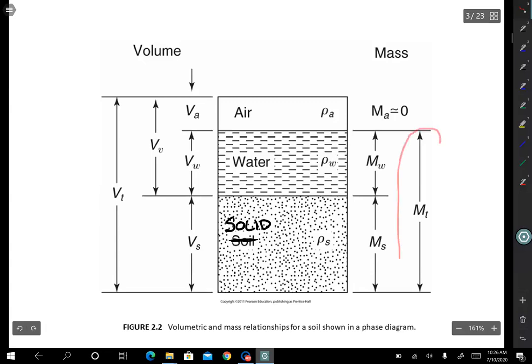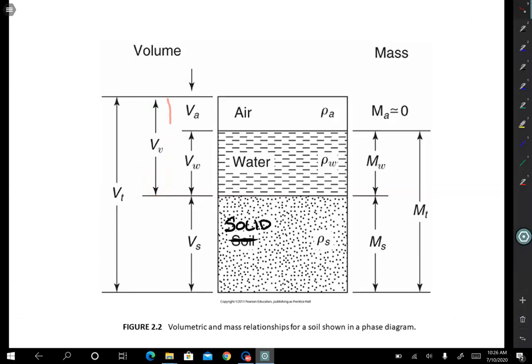One is the total mass right here. That's just the mass of water plus the mass of solids. And then we also have the total volume. That's the volume of all three components together. Pretty straightforward. Then another really important quantity for us is the volume of voids. The voids are any space that is not solid, so either the water or the air.